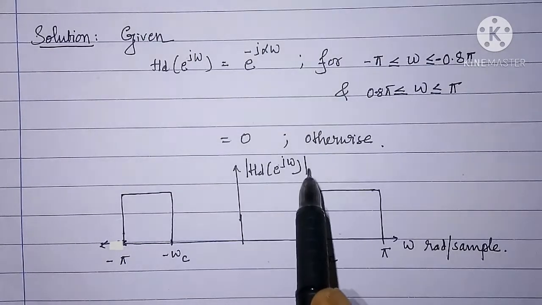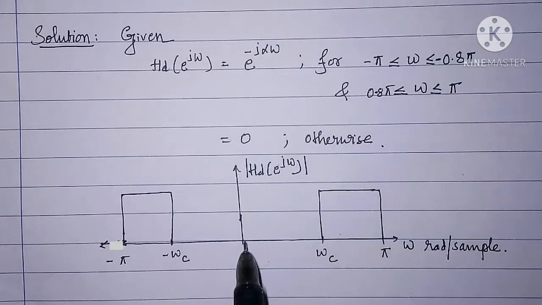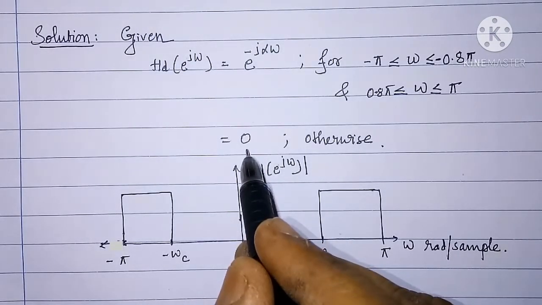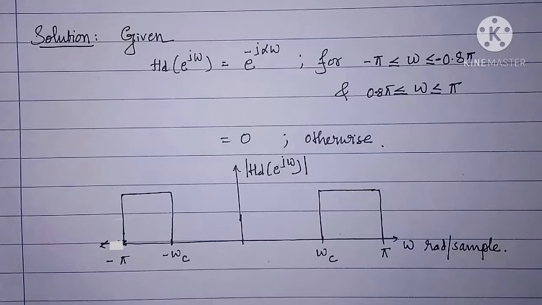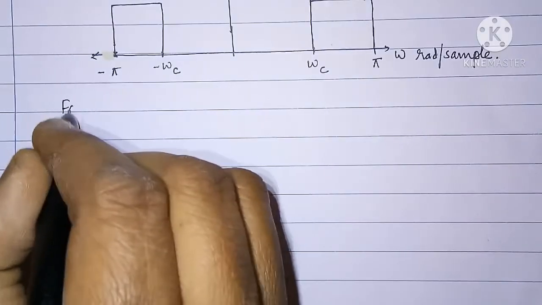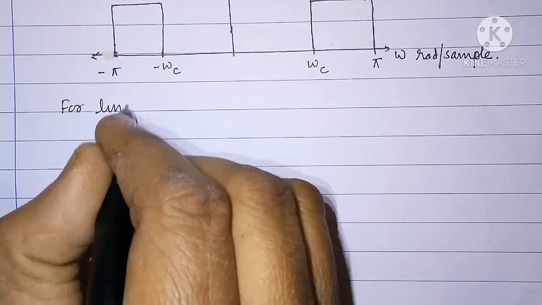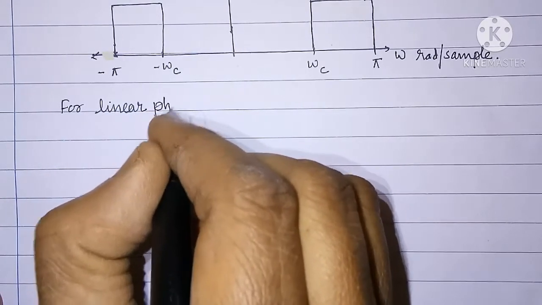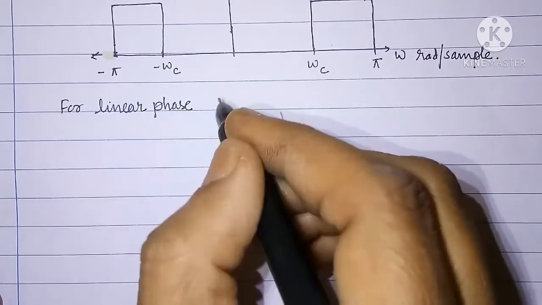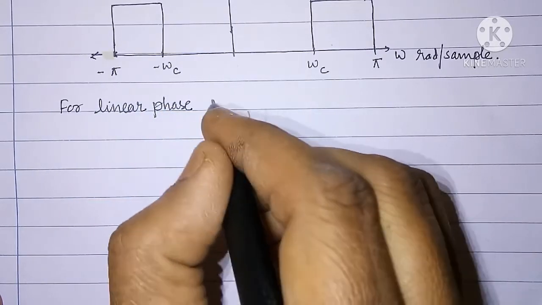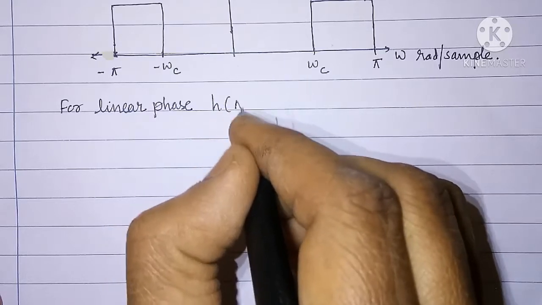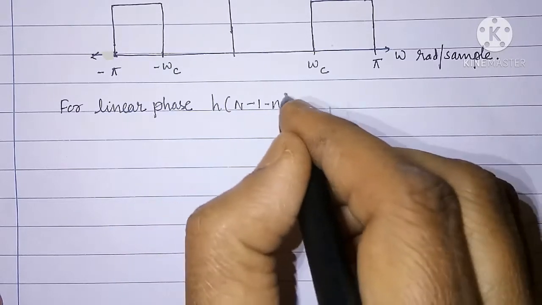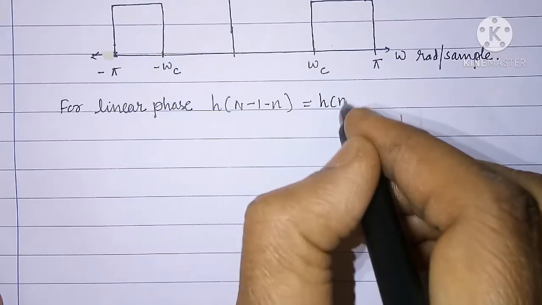Magnitude of HD of e raised to j omega from minus omega c to 0 and 0 to omega c is equal to 0 here, and that is what we have written here. For linear phase, h of N minus 1 minus n is equal to h of n.